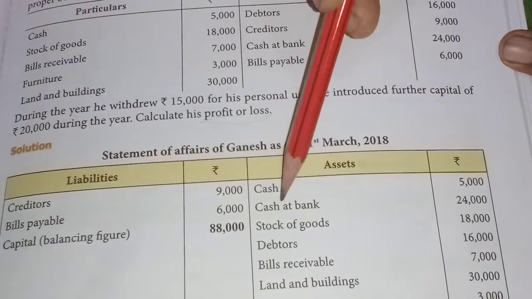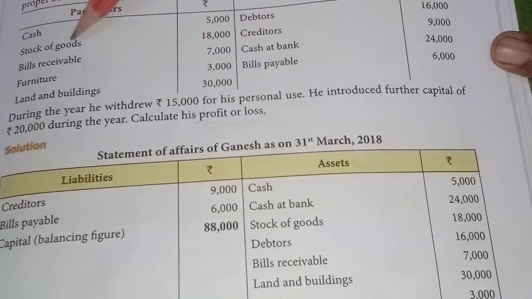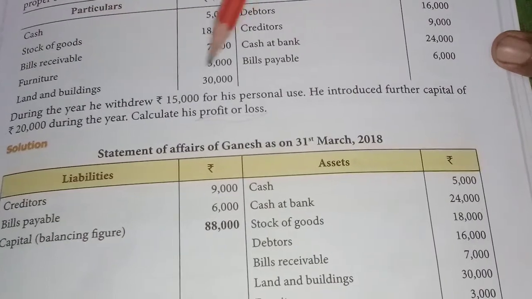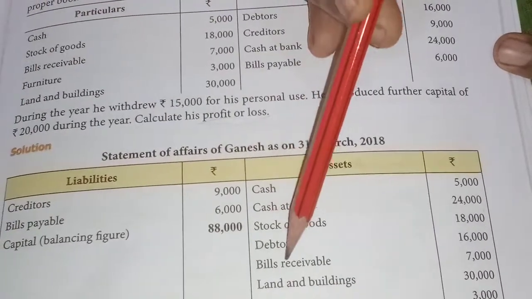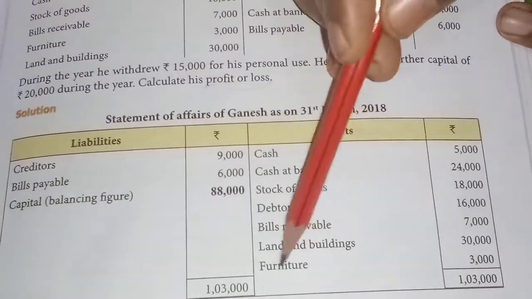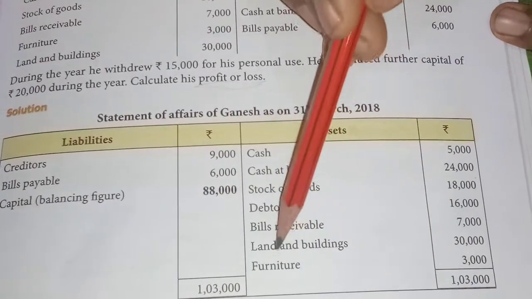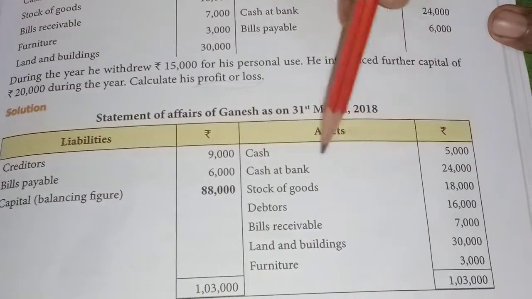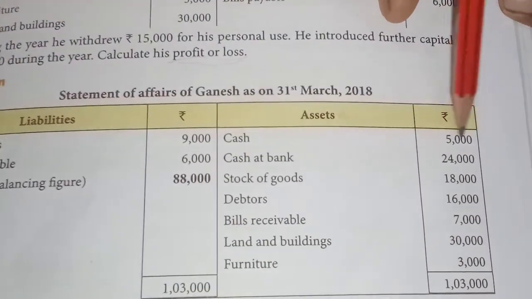So cash in hand, cash at bank, then stock of goods, then debtors, bills receivable, then the fixed assets. You can write furniture first and land and buildings next also. The fixed assets are written together. When you write the amount, you must be very careful. 5,000 is written.